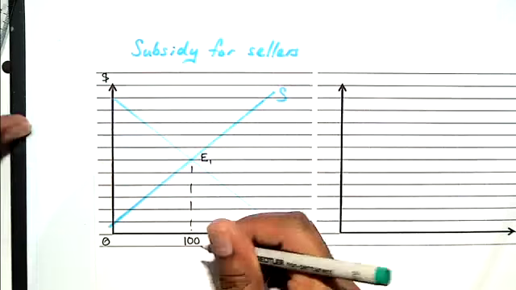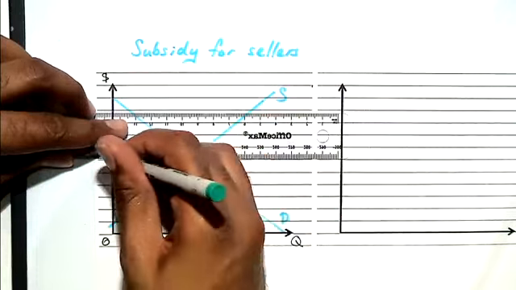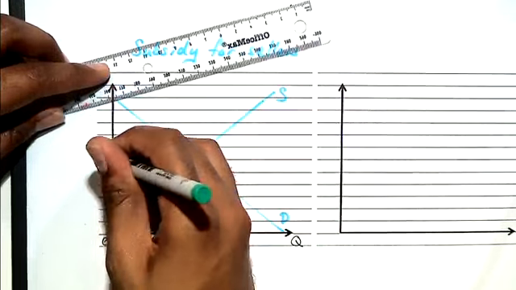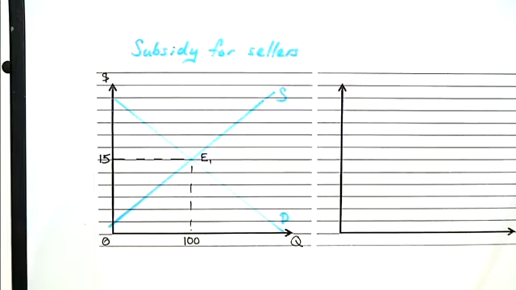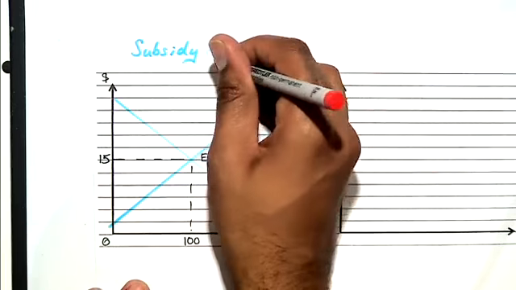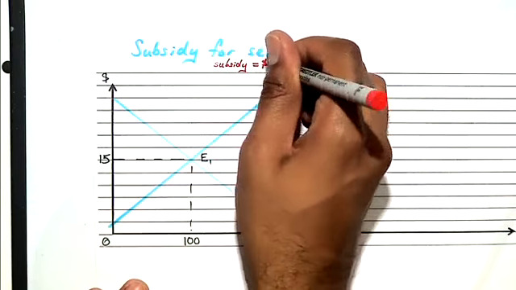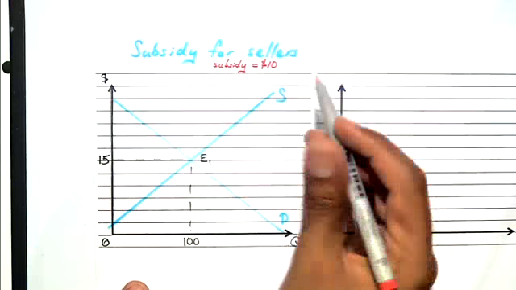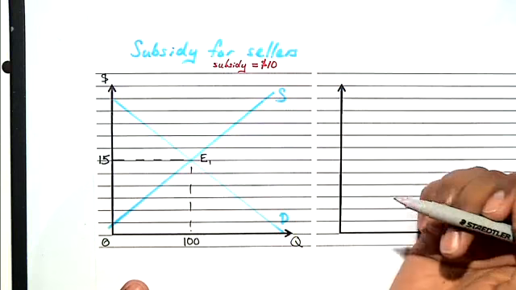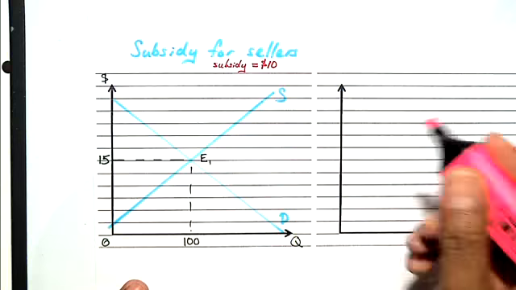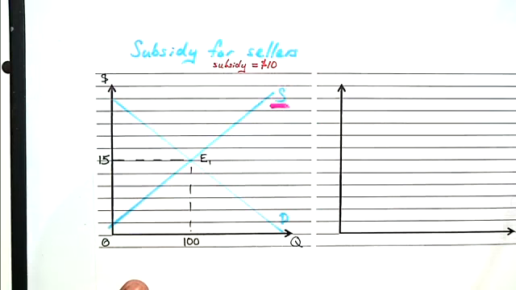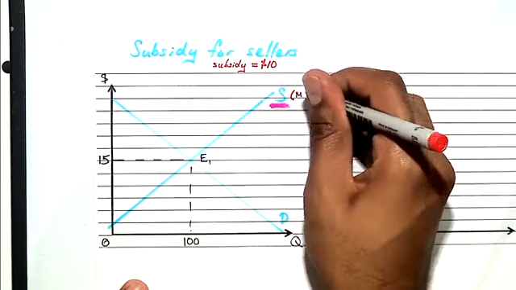Random numbers. Actually, same numbers as before. So let's say the subsidy is $10 per unit sold. Which curve shifts? Supply. Supply is marginal cost.